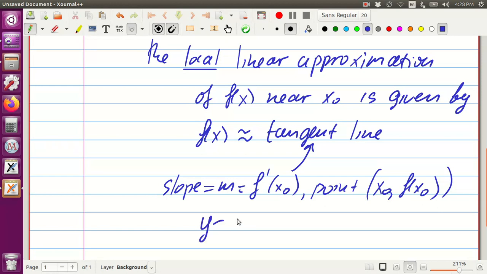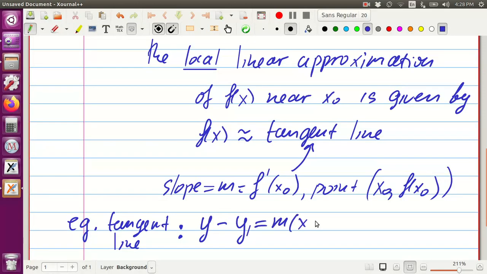So the equation of the tangent line is y minus y1 equals m times x minus x1.